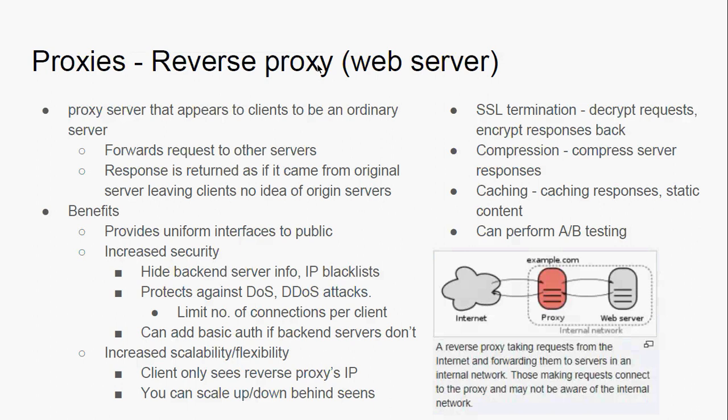With that, let's move on to the next proxy, which is important: the reverse proxy. The main purpose is that it also forwards the request to the servers. The main difference is that it doesn't sit anywhere on the internet.